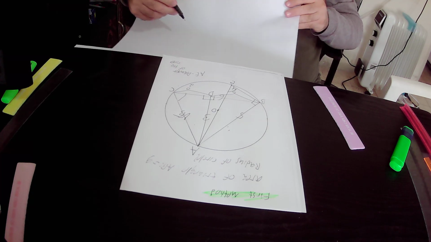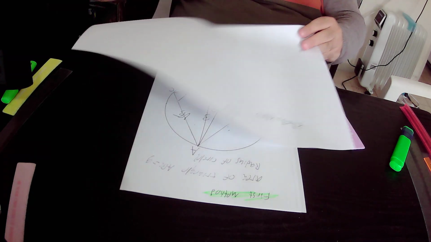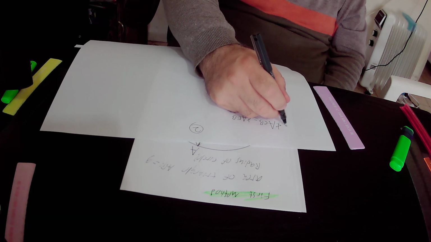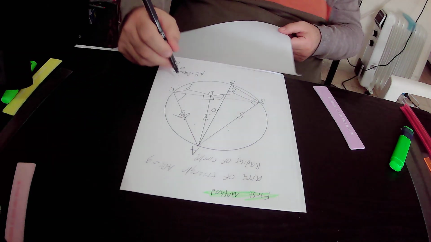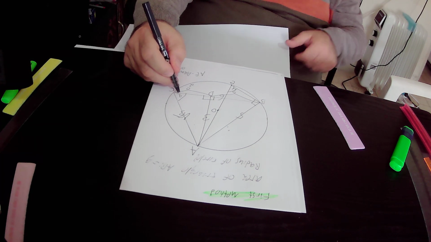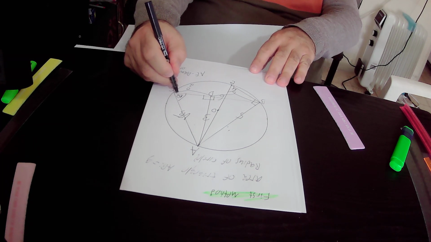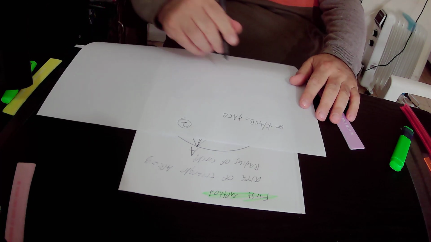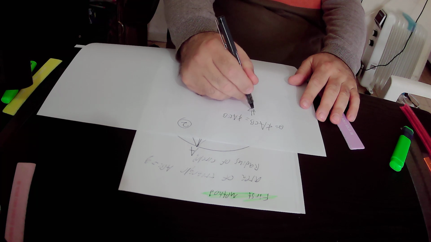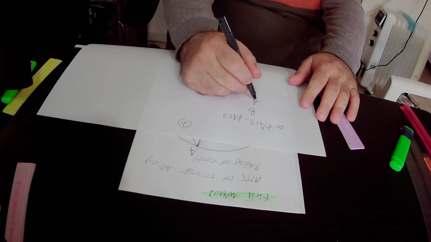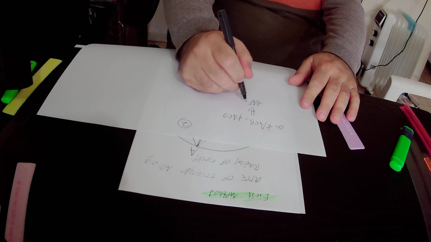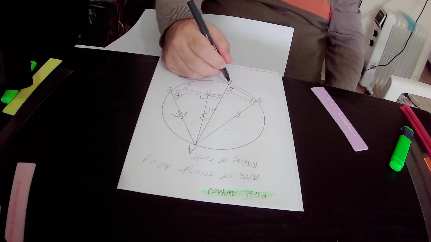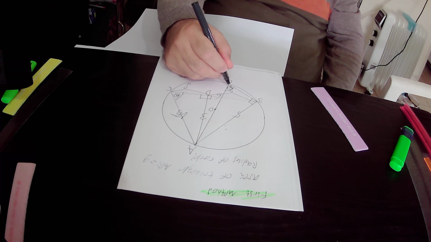If we define angle ACB as theta, then from the equation theta equals angle ACB equals angle AEB, we derive that angle AEB is also equal to theta. So actually this angle equals theta.